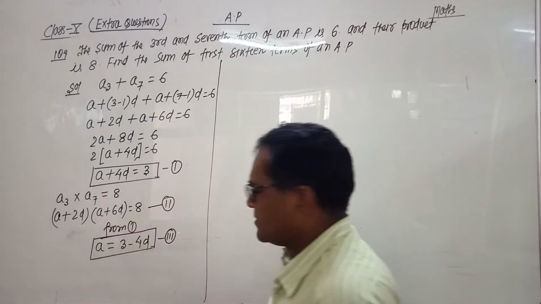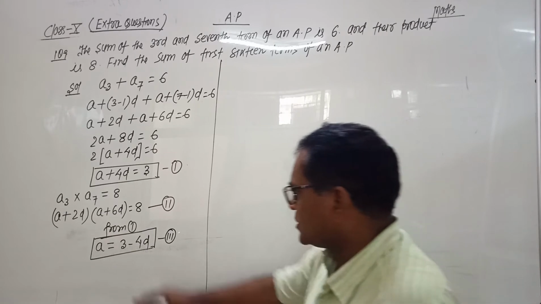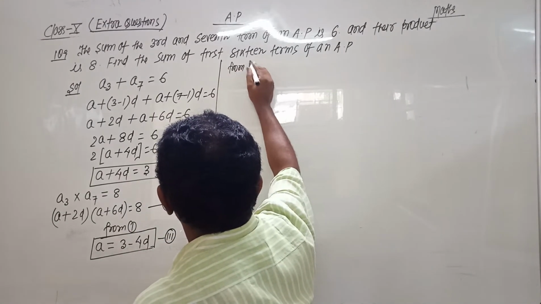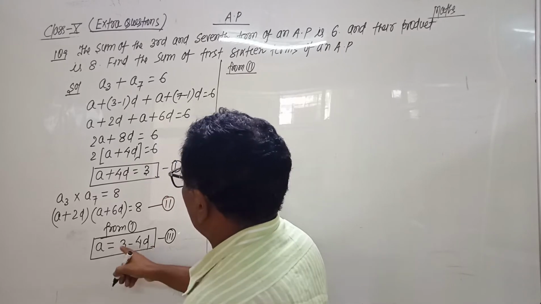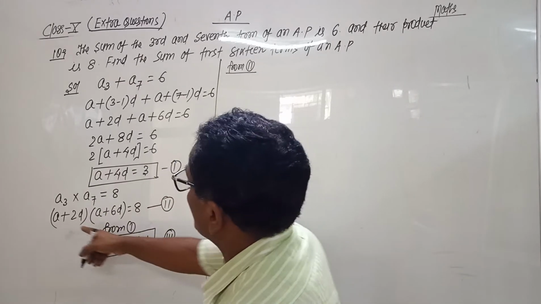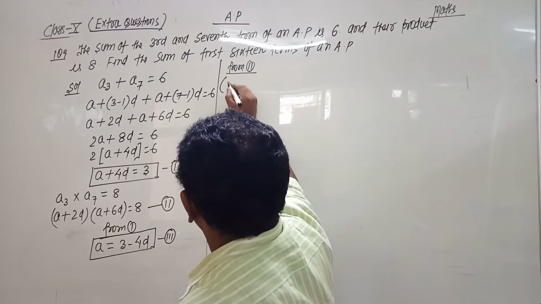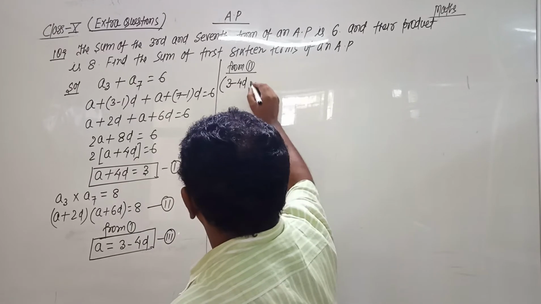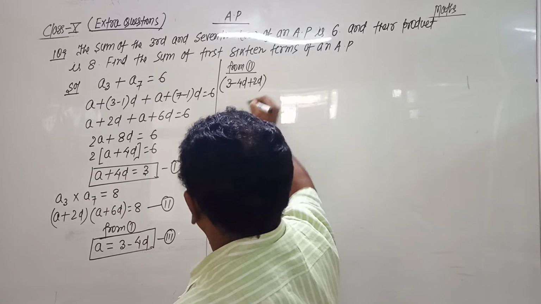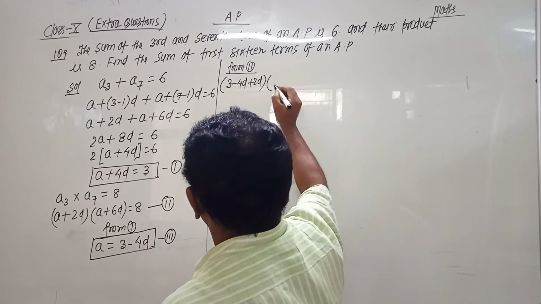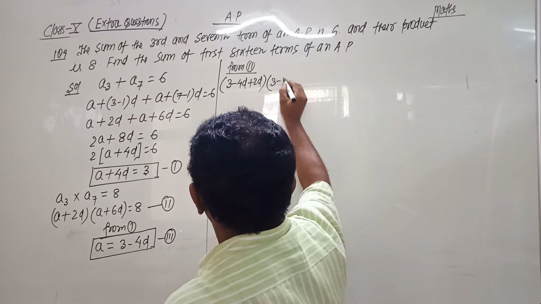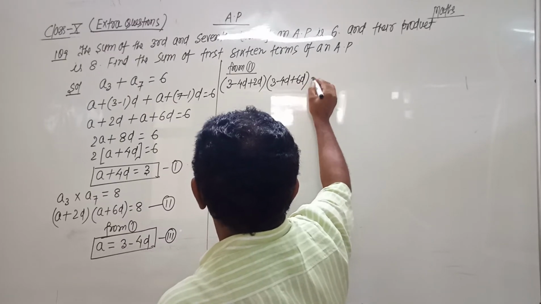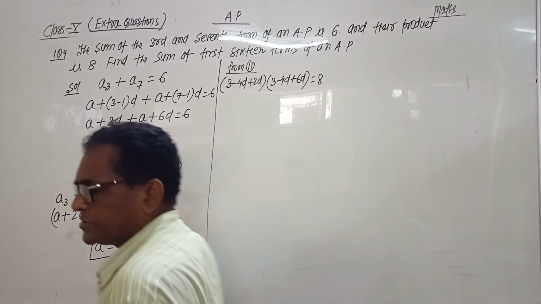Then in the second equation we put the value of a. So this is (3 minus 4d plus 2d) and (3 minus 4d plus 6d), and this equals 8.